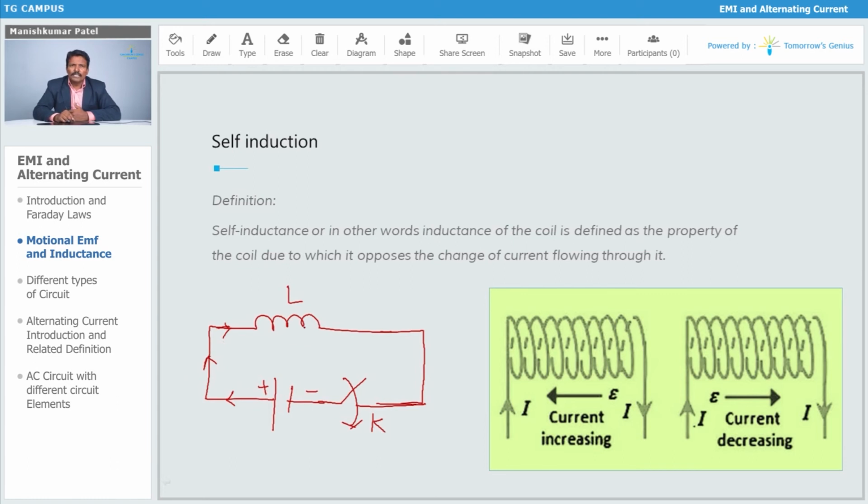So this induced EMF will oppose that current which is flowing externally through the circuit. That is also called a back EMF, since it is opposing.